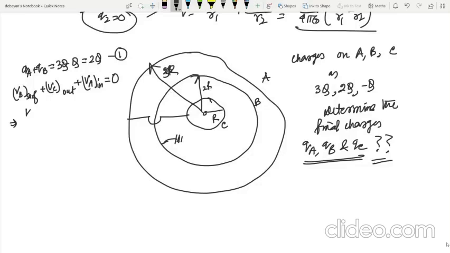So this C is KQC by 2R and that is KQA by 3R is equal to 0, and from that you will get QB by 2 and QA by 3 is equal to 0, that is equation number 2.